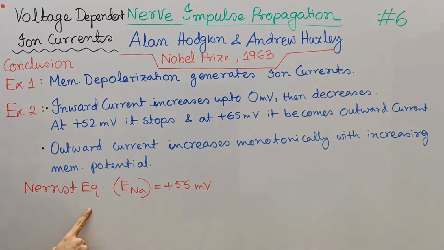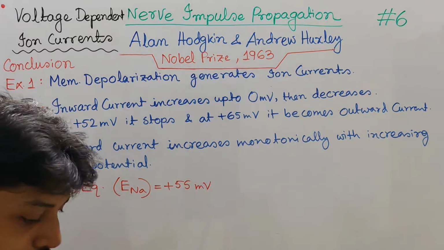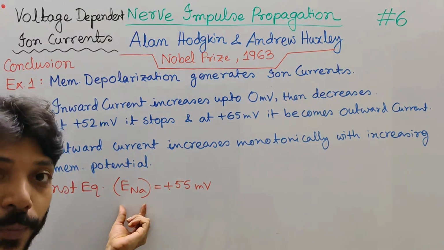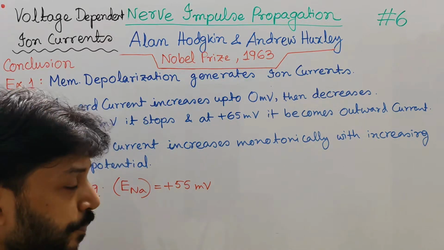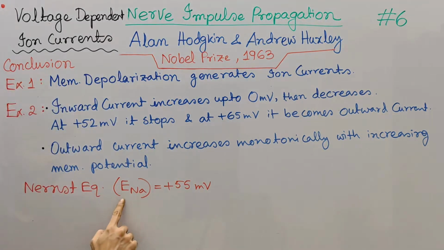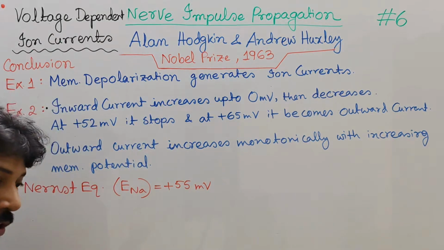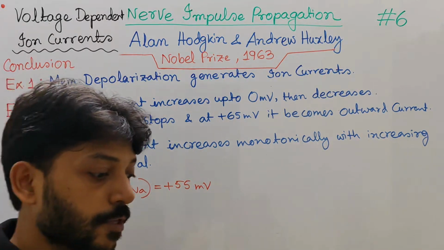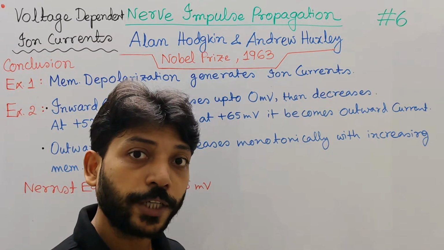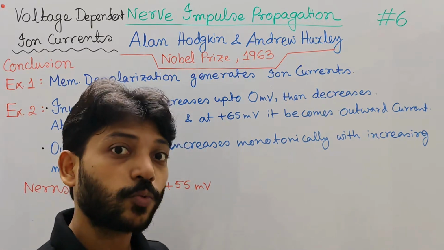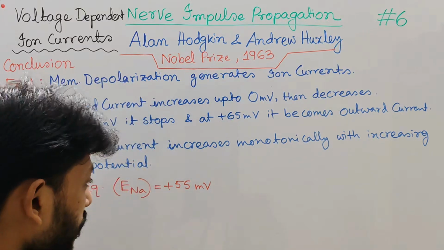By the Nernst equation, I have made a separate video on the Nernst equation, how we can derive the equilibrium potential, so I'm not going into details, but I just want to mention here that Alan Hodgkin and Andrew Huxley got a hint because they knew the ion concentration gradient of the squid giant axon, the inward concentration of sodium and outward concentration of sodium.